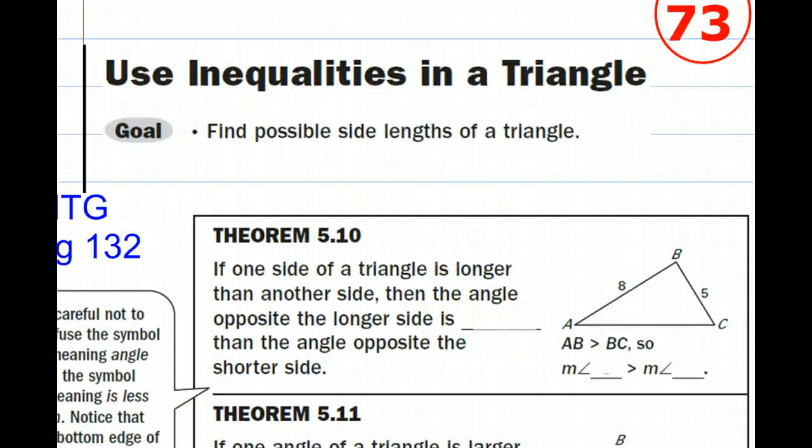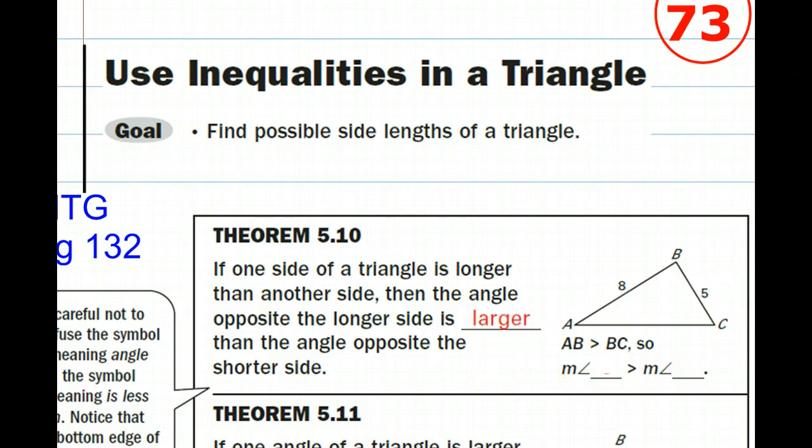So as we can see in our notes, we have these two theorems on page 73 from the note-taking guide. These two theorems say essentially that Theorem 5.10 says if one side of a triangle is longer than another side, then the angle opposite the longer side is what? Then the angle opposite the shorter side. Well, of course it would have to be larger.